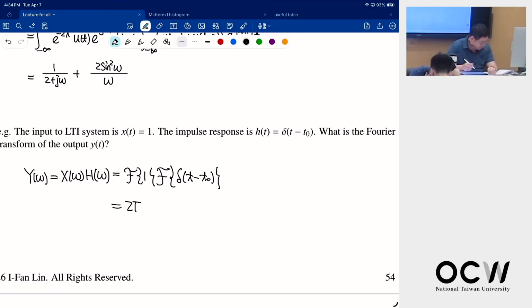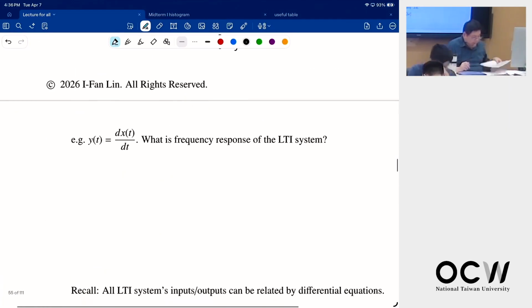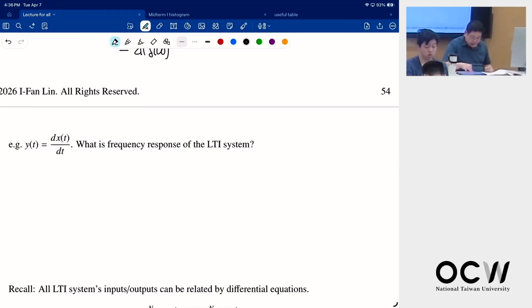We have 2 pi delta function times, since I shift in time domain, in frequency domain I have a phase difference. Here is the exponential to the minus j omega t naught. Next, that is the output.